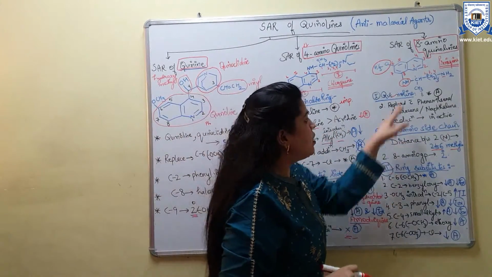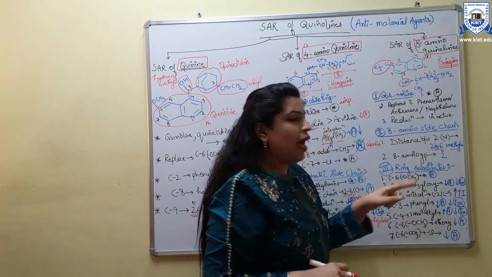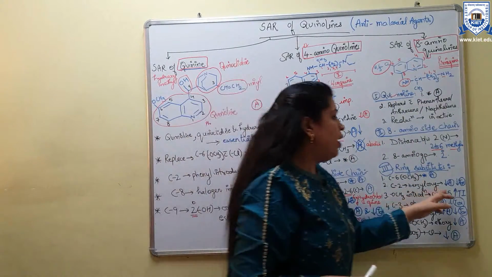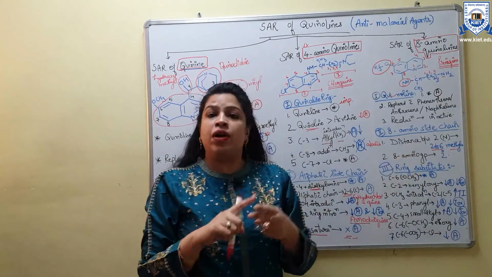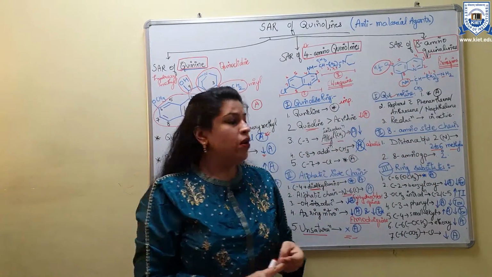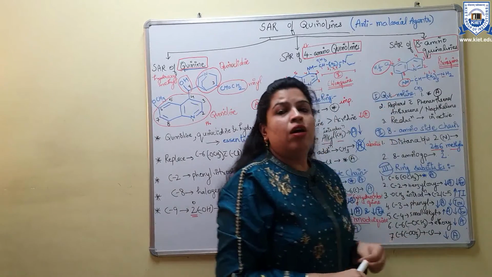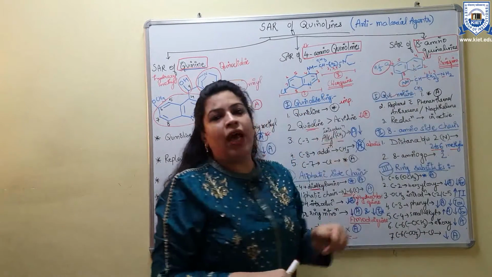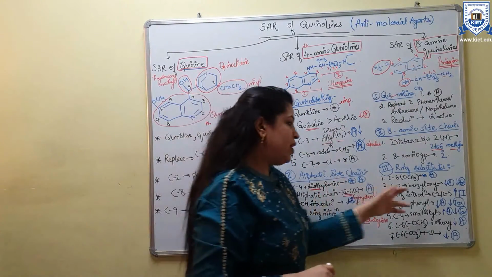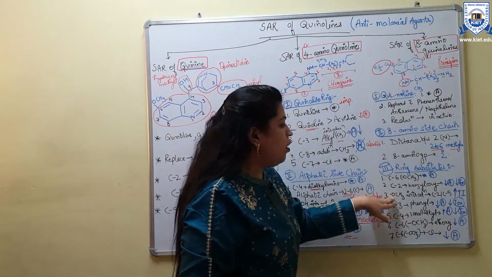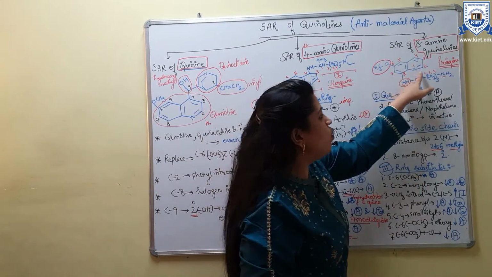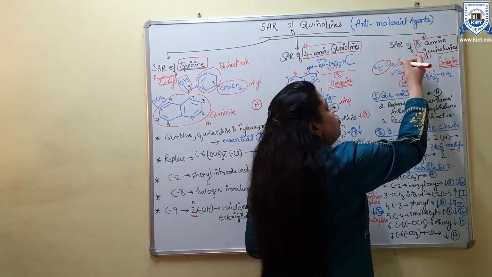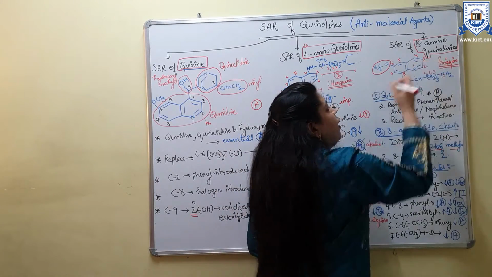Now the second point is C2. If at C2 we add a benzyloxy group, then the activity decreases, but the toxicity also decreases. Then C2 and C5 are two positions that are vacant, and anything can be added.